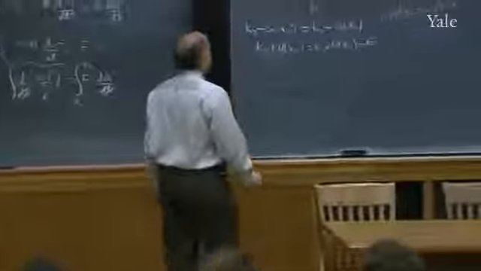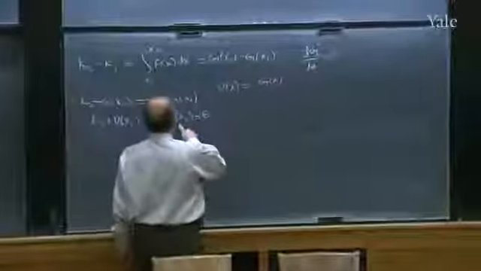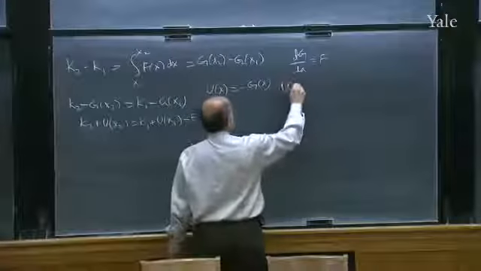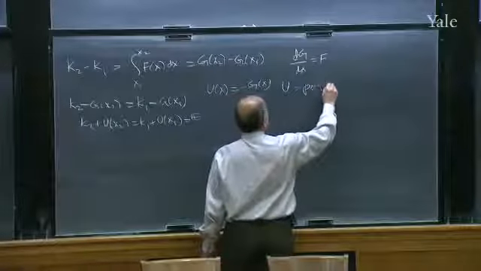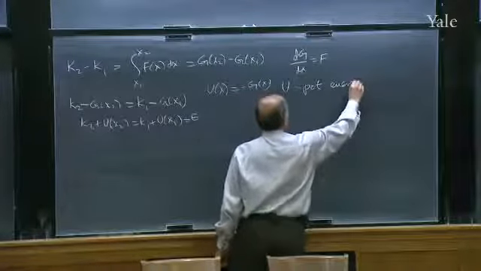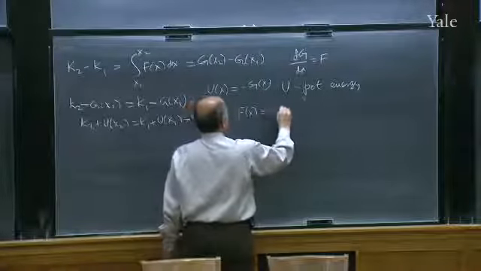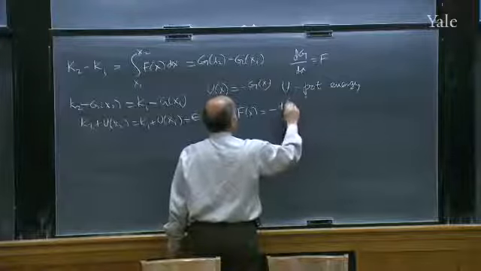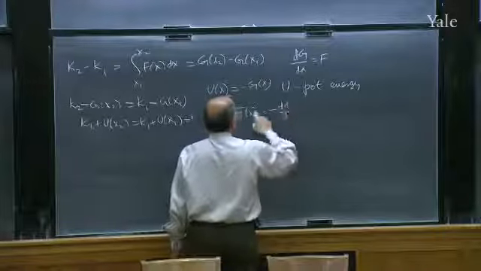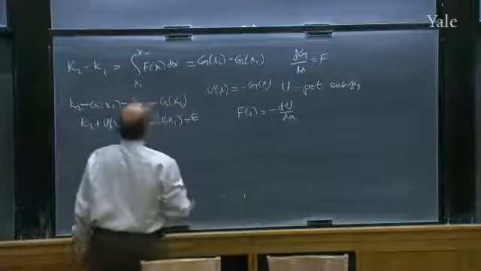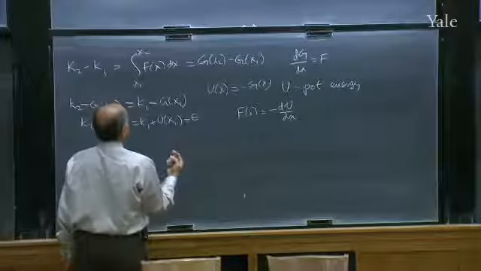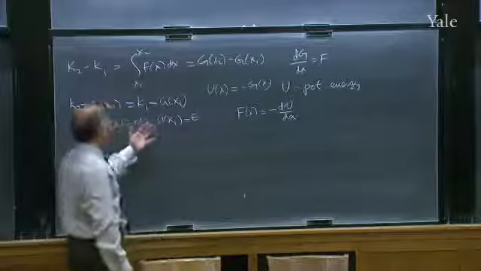So the relation between U, which is called the potential energy, and the force is the following. The force is minus the derivative of the potential energy. The minus came because g is the integral of F, but U is minus g, so that this formula looks good.